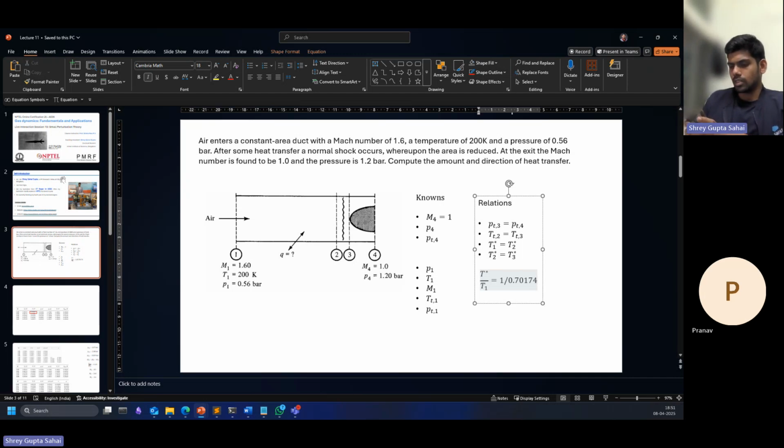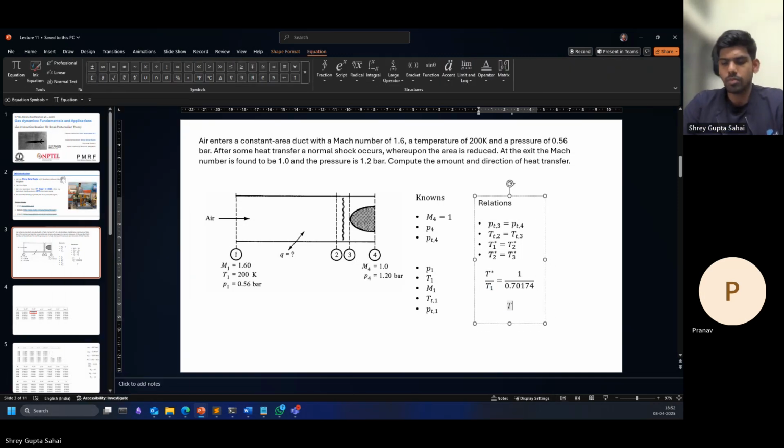It will be twice or something. Not twice, sorry. And the temperature is 200 kelvin. So T star comes out to be 285 kelvin. Okay, fine.